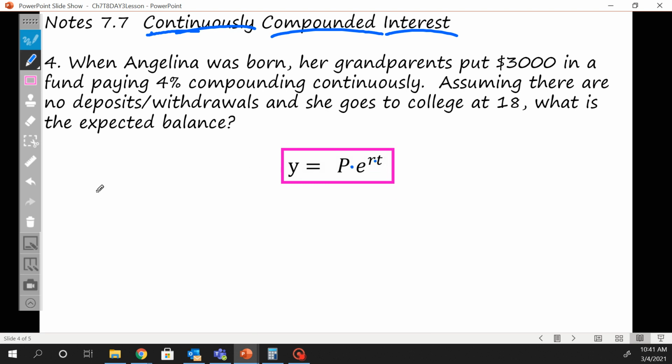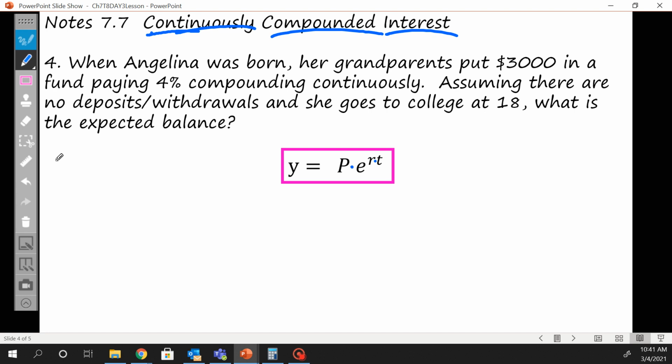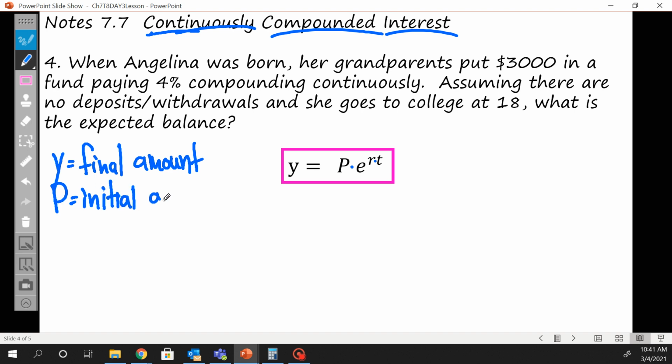And everything in this formula represents something. The Y is, of course, the final amount. That's what you would be calculating. The P is the initial or principal amount. We'll just call it initial amount, but you may see it written as the principal amount. E is Euler's number. That's just a number.